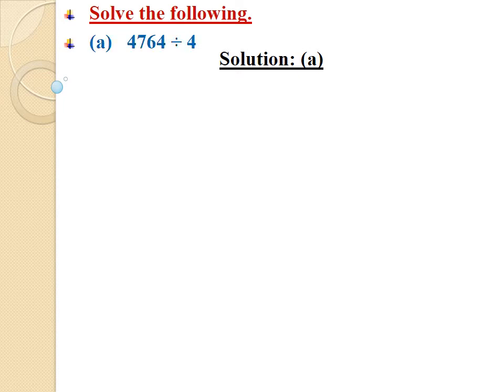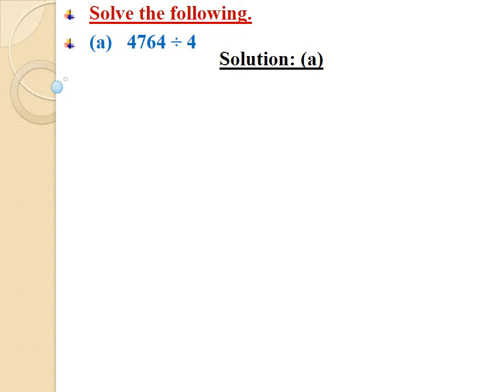4764 divided by 4. Students, before solving this sum, let's recall what is division. Students, we know that multiplication is a repeated addition, whereas division is a repeated subtraction.